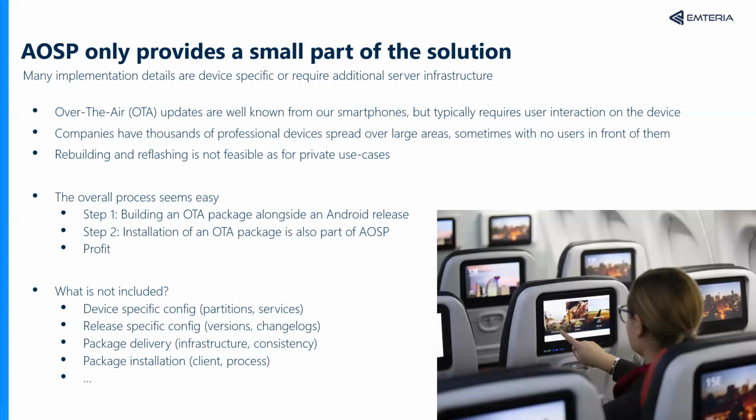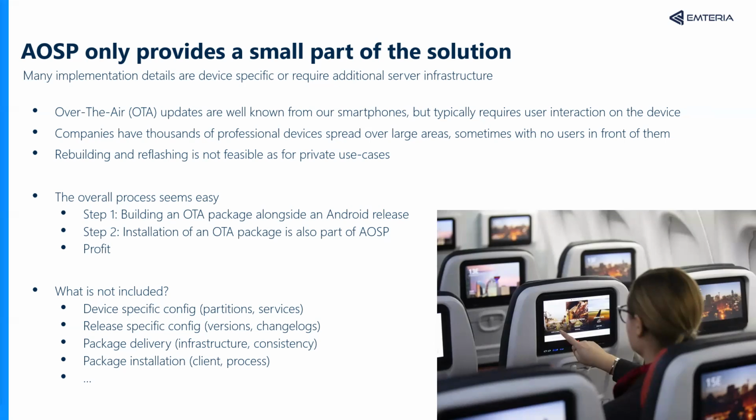I will dive into detail on the next slide, but just to give a short overview: device specific config, like what partitions do we have, which of them are updatable, which are not, what services are running, which versions, or how to handle versions in general, how do we handle change logs, how do we deliver the package from the moment it's built to some kind of OTA distribution server, and then from there to the device itself. And how do we install that? So do we support recovery, or do we support update engine, or do we support A/B seamless updates, and things like that?